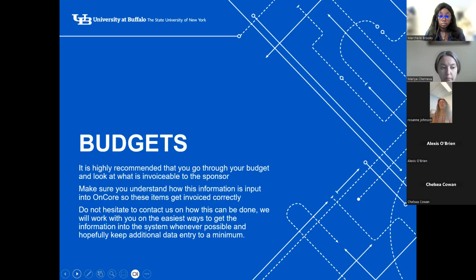So it's just basically you marking it that it occurred on that visit. You wouldn't have to enter an extra item to do that. So we want to make it as easy as possible. So make sure you're aware of all these type of things on your budget and within your visit. Next slide.